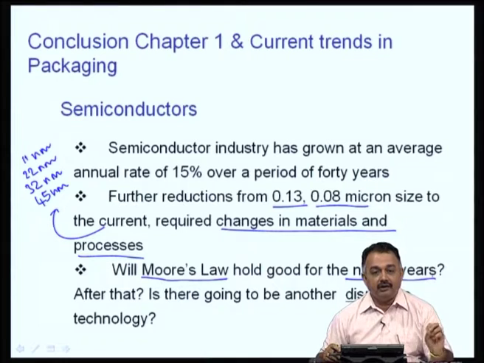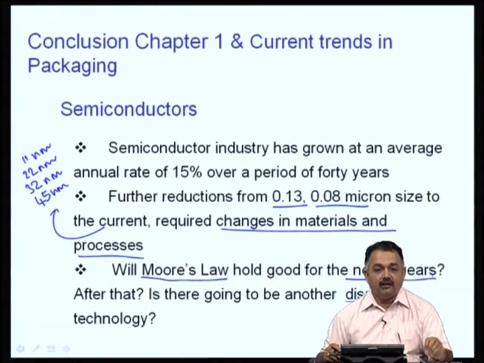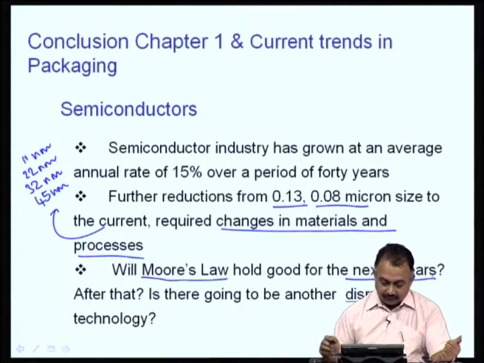If there is going to be a disruption in technology, or if there is going to be a limitation posed by the photolithography or imaging technique, which I think is a major bottleneck in the semiconductor industry, then Moore's law might not hold good, in the sense that the doubling of transistors might exceed 24 months, but we are going to witness a lot of technological changes.